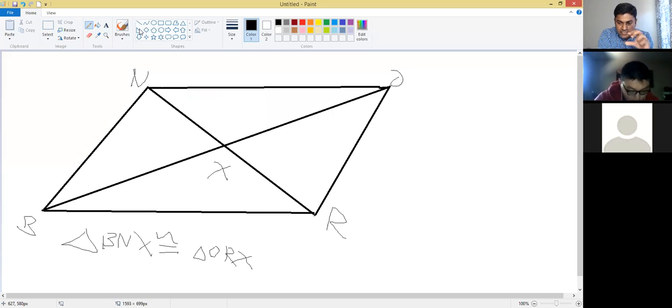I think, Ed, from the text you said it is a parallelogram, right? Yeah, it's a parallelogram. So that's all we know. Okay. We know B and OR are parallelogram.